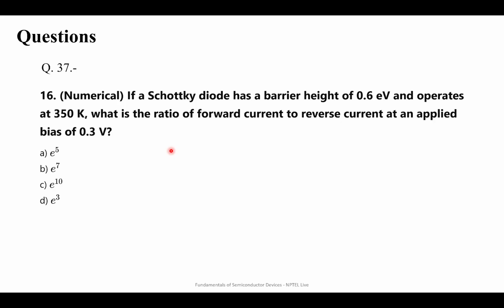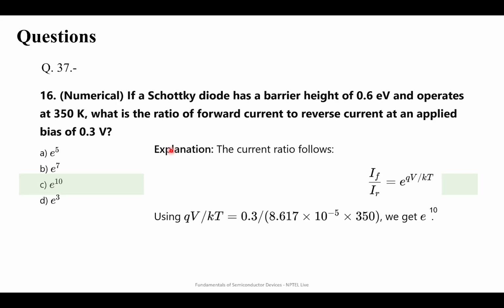D, sir. So the answer to this will actually be e raised to power 10. In reverse bias, your current remains constant at your reverse saturation current, and your forward bias current is equal to your reverse saturation current multiplied by e power qV by kT minus 1. Since e power qV by kT is usually much greater than 1, you can ignore the minus 1 part.